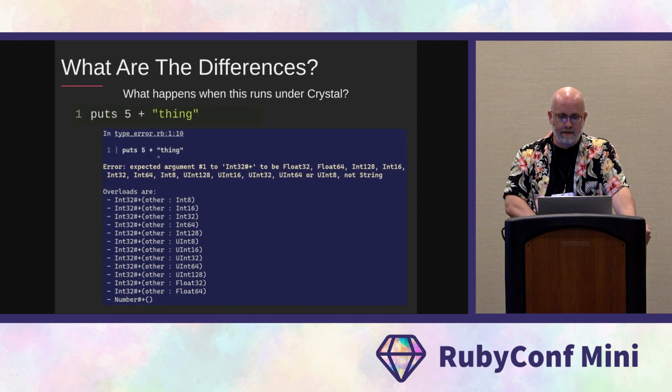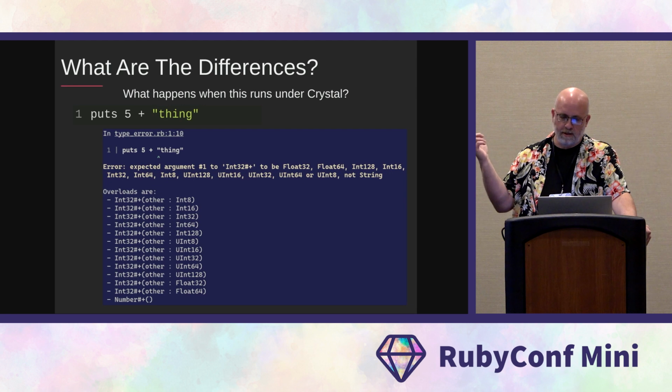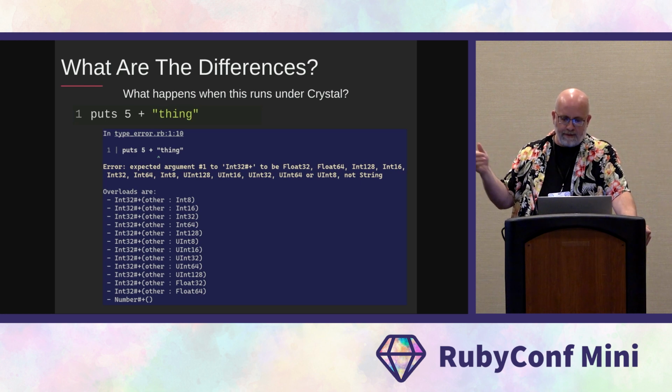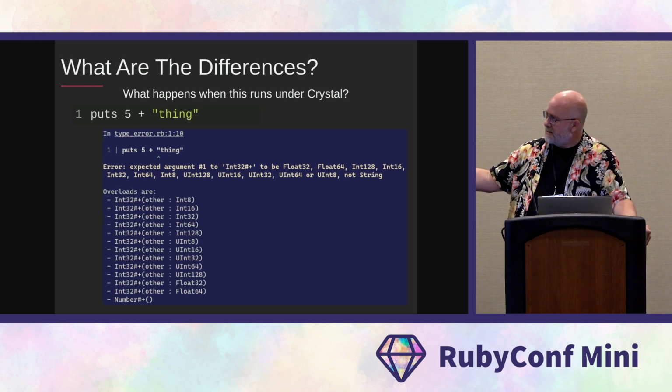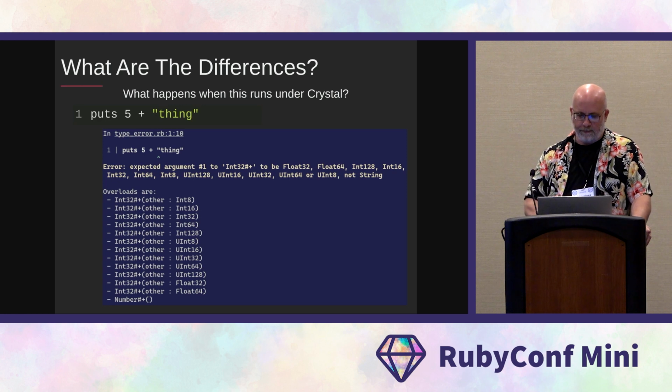If you do the same thing in Crystal, it's also going to throw an error, but it will throw it at compile time instead of at runtime. And it's going to give you an explanation of what's wrong. What's wrong is that it has an unexpected argument to the number. It expected it to be one of those types, and it wasn't that type. It was a string. And then it tells you what all of the things are that it could be.